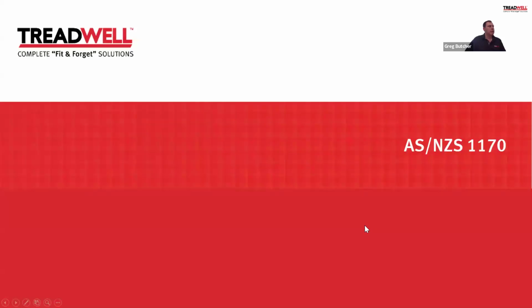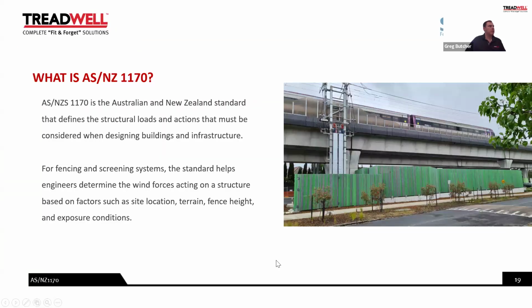A little bit about 1170 in the design. Throughout Australia and New Zealand, the standard that applies structurally to a fencing or security perimeter fence would typically be 1170, in terms of structural loadings and wind loadings and the like.